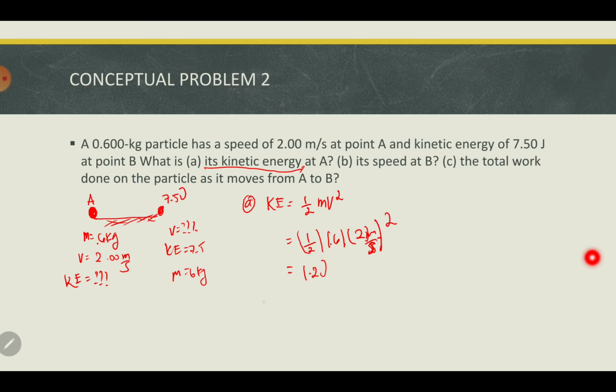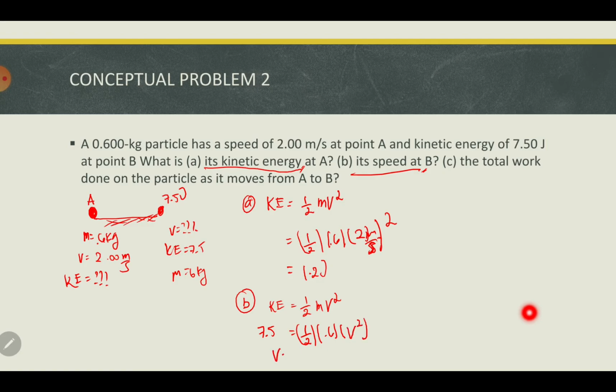At B, we will solve for its speed. We have our kinetic energy, which is equal to 1/2 mv squared. So we have a kinetic energy of 7.5 joule, which is equal to 1/2 multiplied by 0.6 multiplied by its velocity, which is unknown.